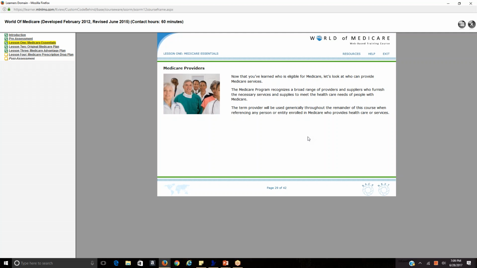So when they say provider, it could be a doctor, a physical therapist, a chiropractor, a nurse practitioner, a clinical social worker; all of those entities according to this program are called providers. So we have beneficiaries, those are the patients. The providers are the doctors or the healthcare practitioners who render the services.